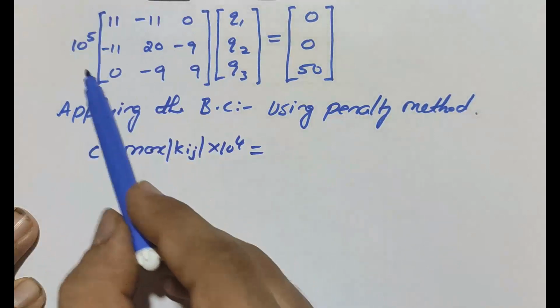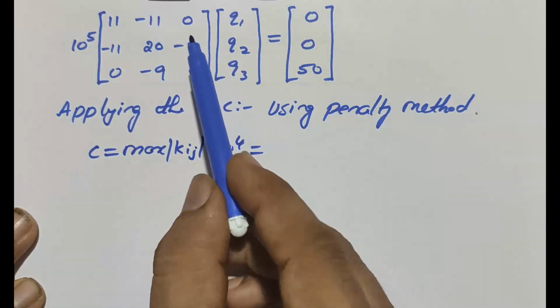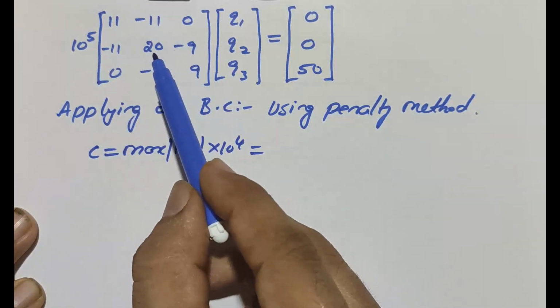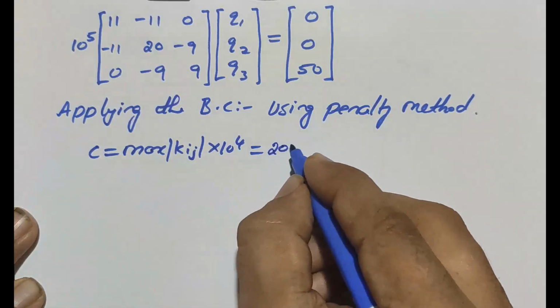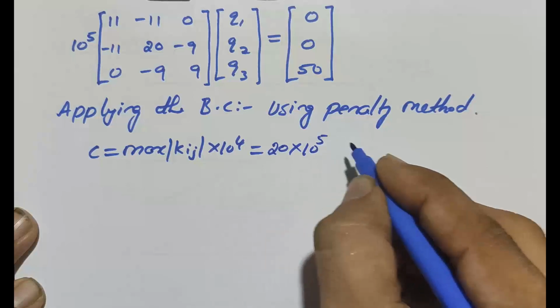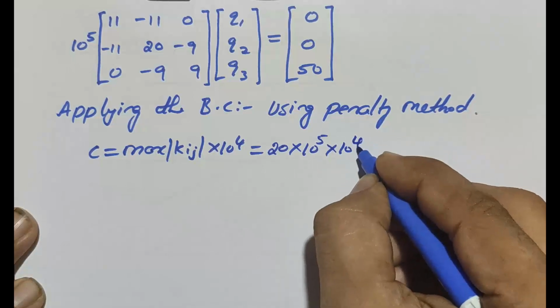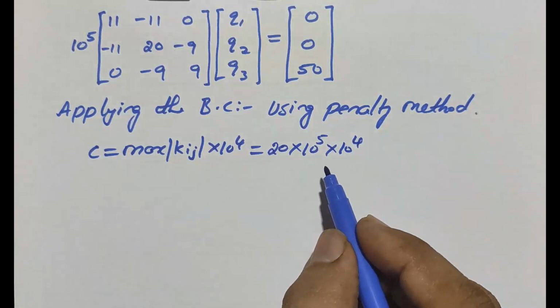In the global stiffness matrix, the element having the maximum value is 20 into 10 power 5. Therefore, C will be 20 into 10 power 5 into 10 power 4. This is the stiffness of the spring.